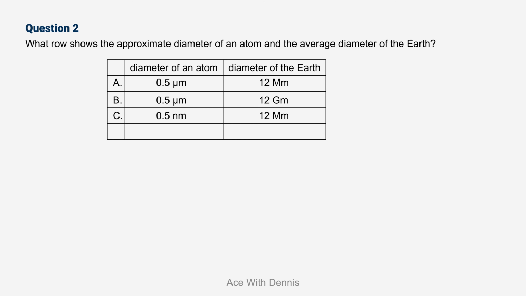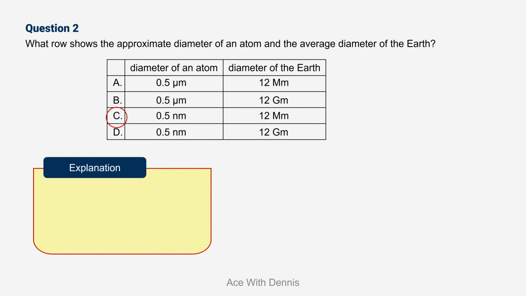C. 0.5 nanometers, 12 megameters. Or D. 0.5 nanometers, 12 gigameters. The answer is C. 0.5 nanometers, 12 megameters.